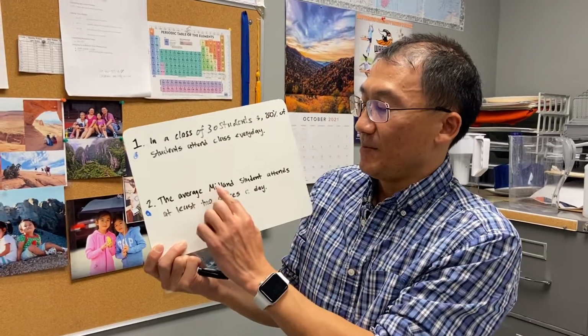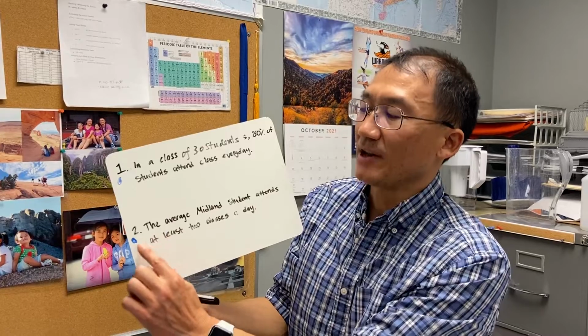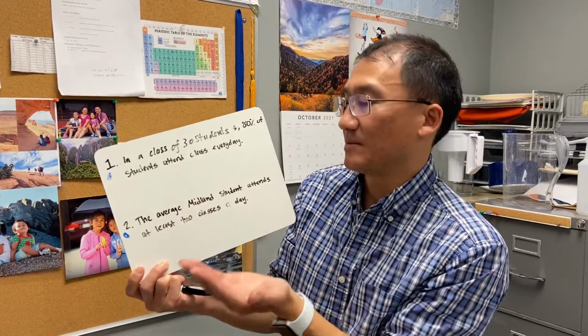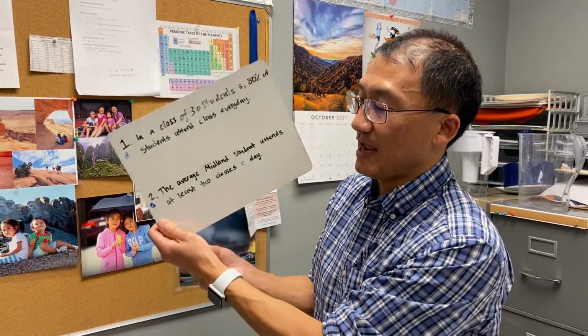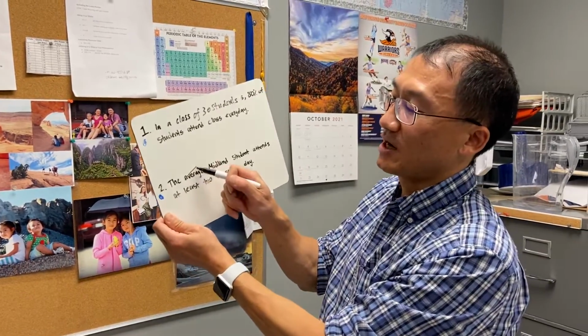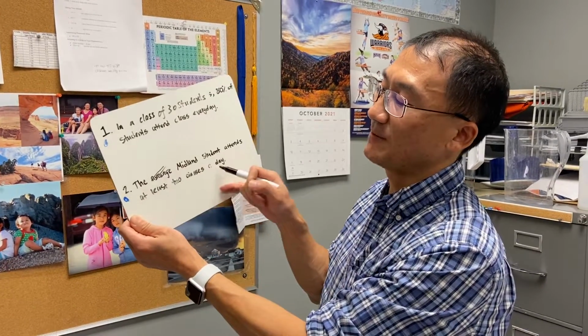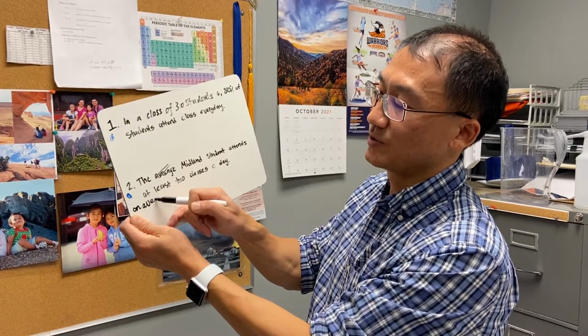I'll say Midland students attend on average, right? On average. This average Midland student sounds not very rigorous to me, so you don't want to use the average in a wrong way. So I'll say on average, use average to describe the number, right? So on average, right there, average.